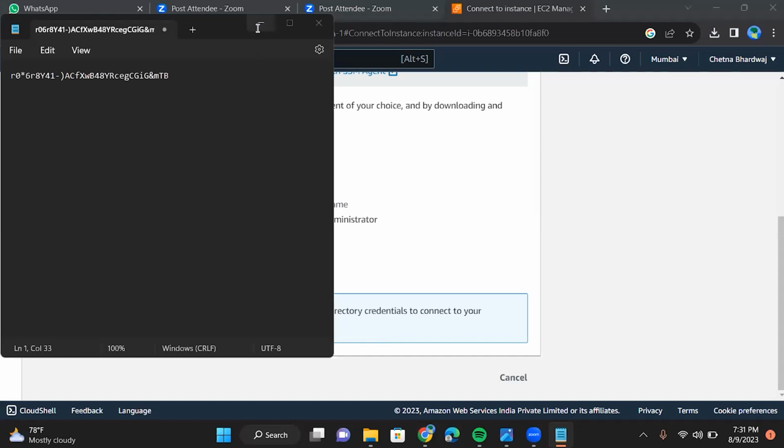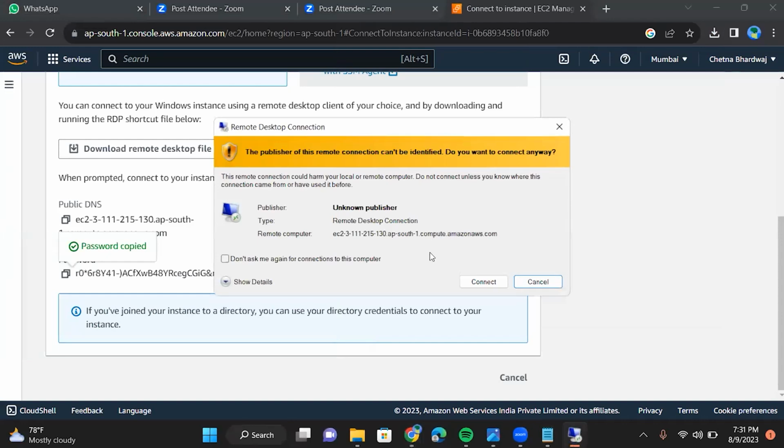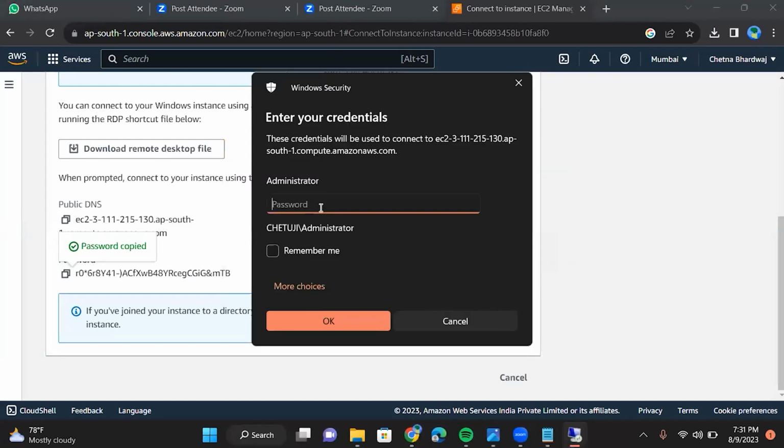Okay, we have our password and we have our RDP also. So now I am in the administrator level.